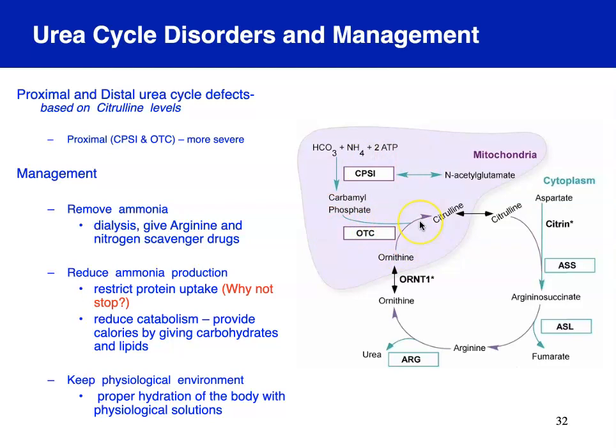If one of these two enzymes is affected, the hyperammonemia is the worst possible. The further down the cycle the problem is, the more favorable the outcome is, because more of the ammonia will be incorporated into other compounds that are water-soluble and potentially excretable, or there are other ways for them to be processed.